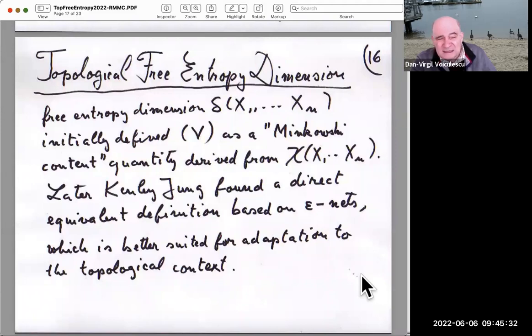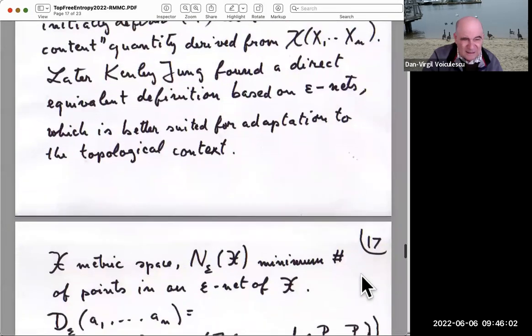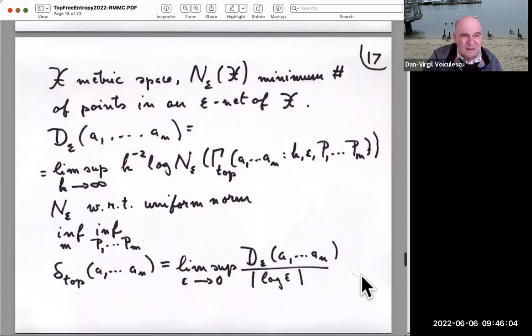Namely, it uses epsilon nets, and this definition with epsilon nets I found easier to use to define the analog of the free entropy dimension for the norm microstate setting, the topological. So there is a topological free entropy dimension notion, and it goes like that, the definition.